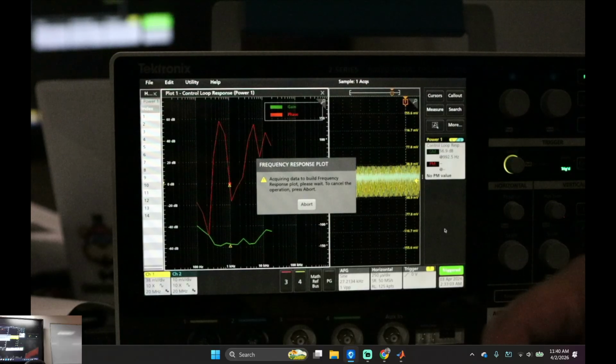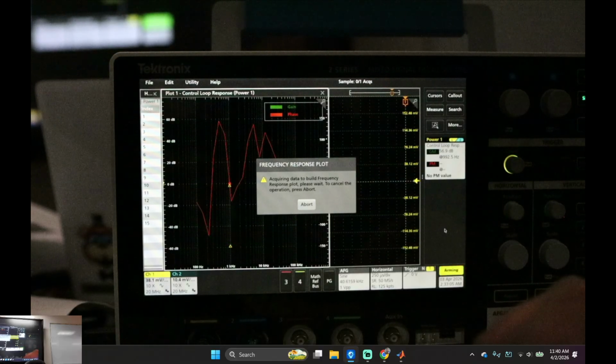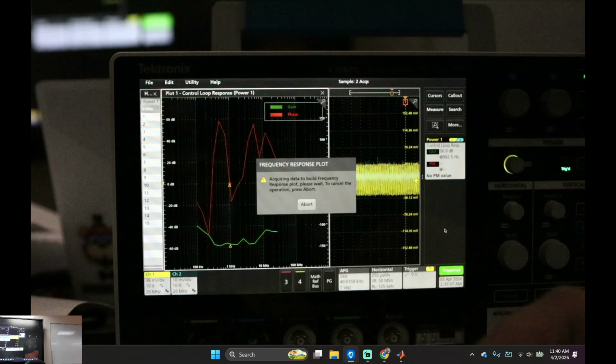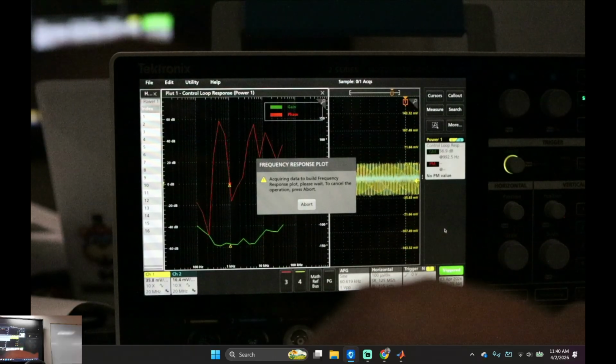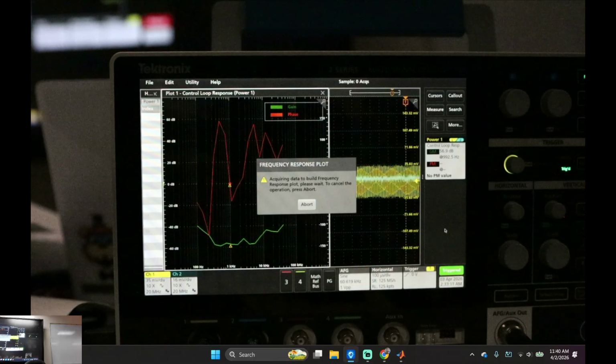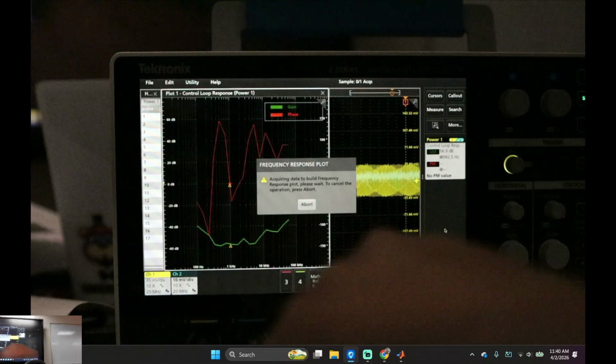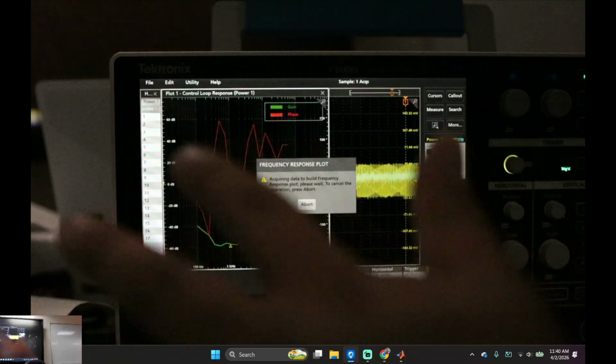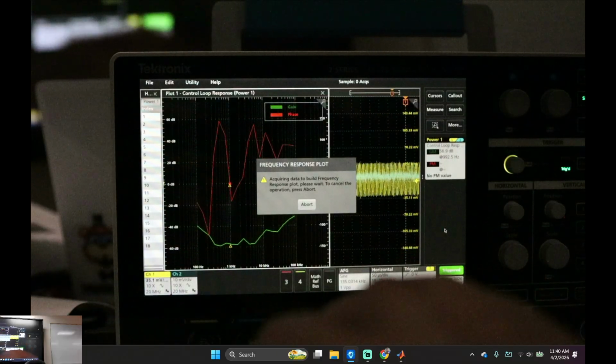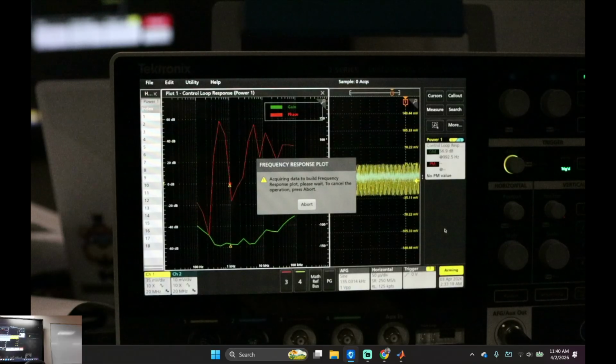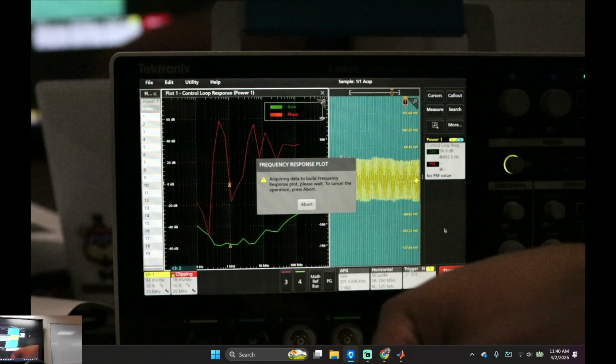What the heck? Is something not connected? Give me a second. Arbitrary function generator? There's no sine waves. What the heck? Oh, are you kidding me? The circuit what?